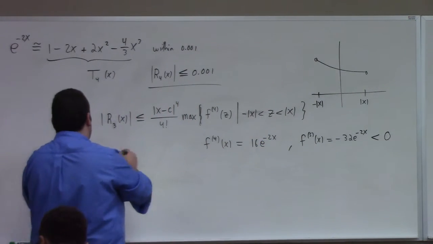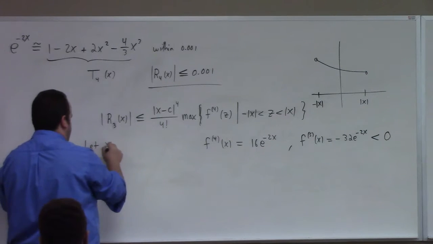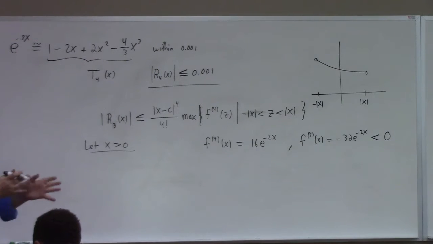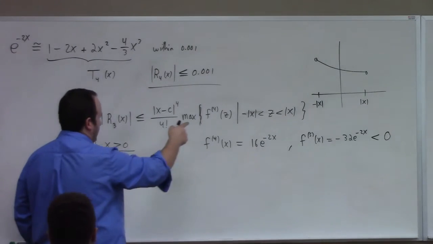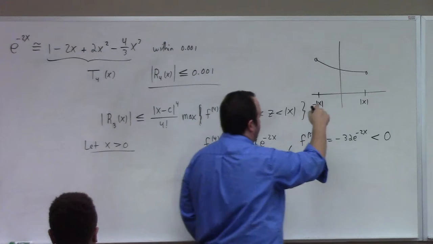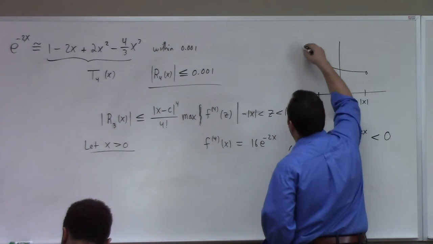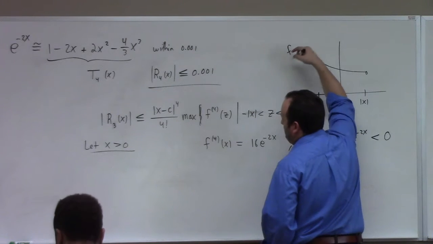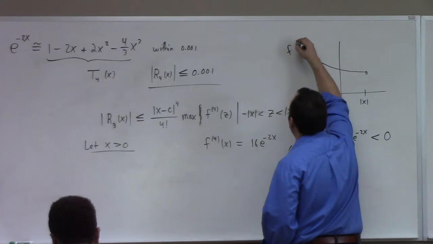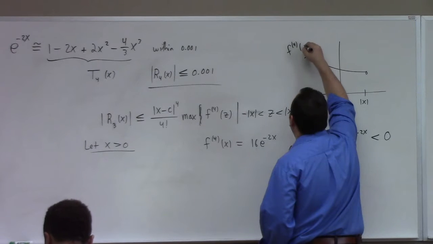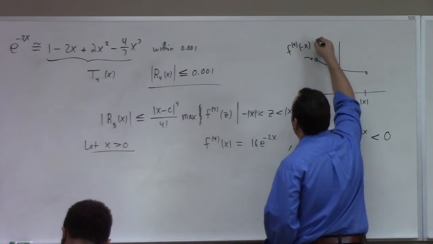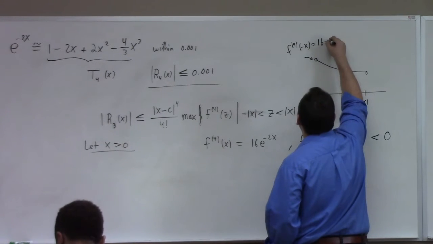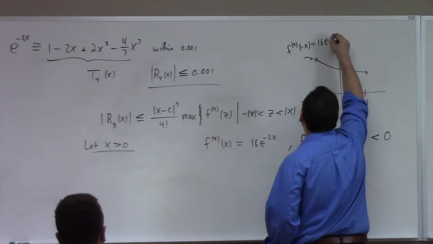It's driving me nuts. Let's just let x be greater than 0 for the sake of this discussion as we go forward. So this value right here would be the max. I could just take the 4th derivative at minus x in my current terminology, which would be 16 e to the 2x, right?